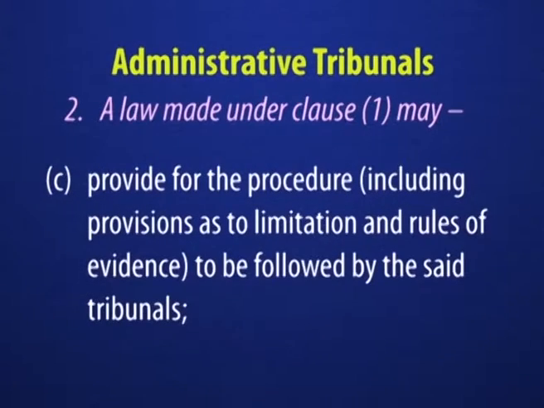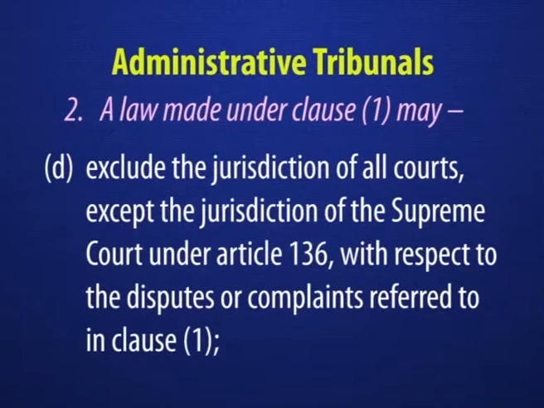Provide for the procedure including provisions as to limitation and rules of evidence to be followed by the said tribunals. Exclude the jurisdiction of all courts except the jurisdiction of the Supreme Court under Article 136 with respect to the disputes or complaints referred to in clause 1.